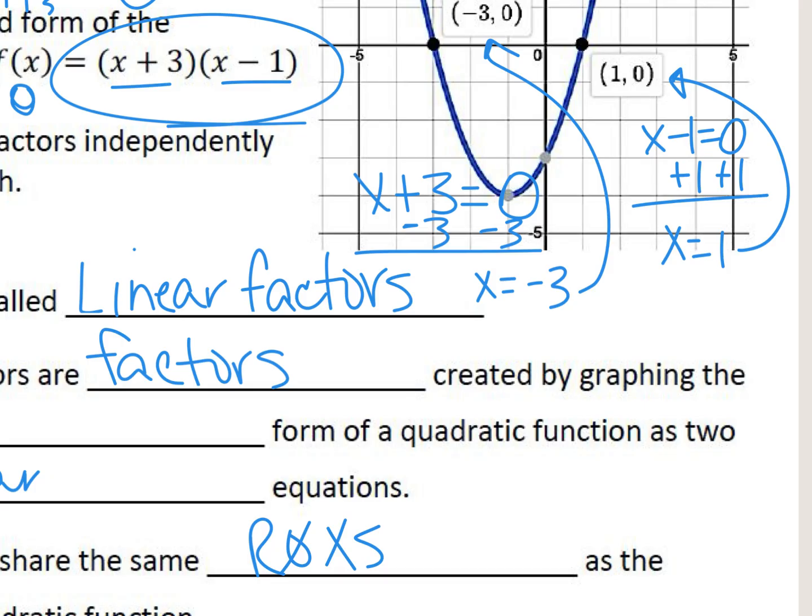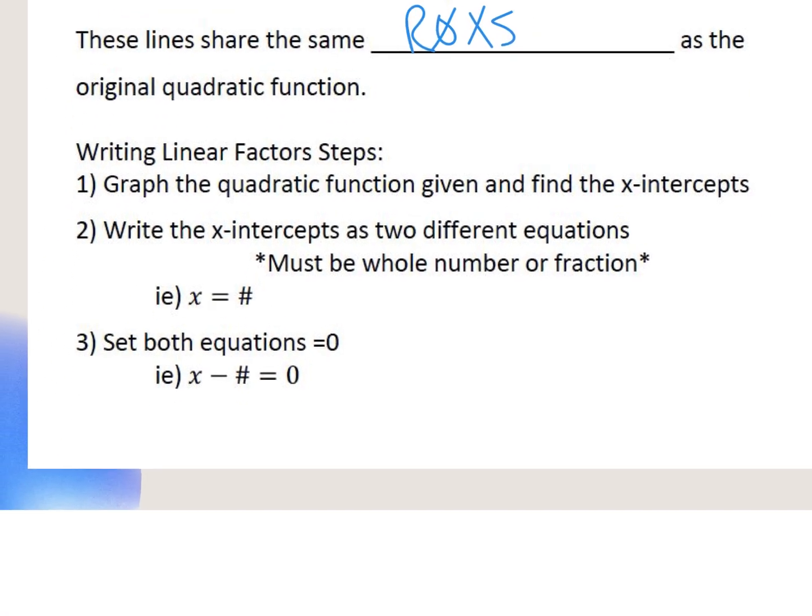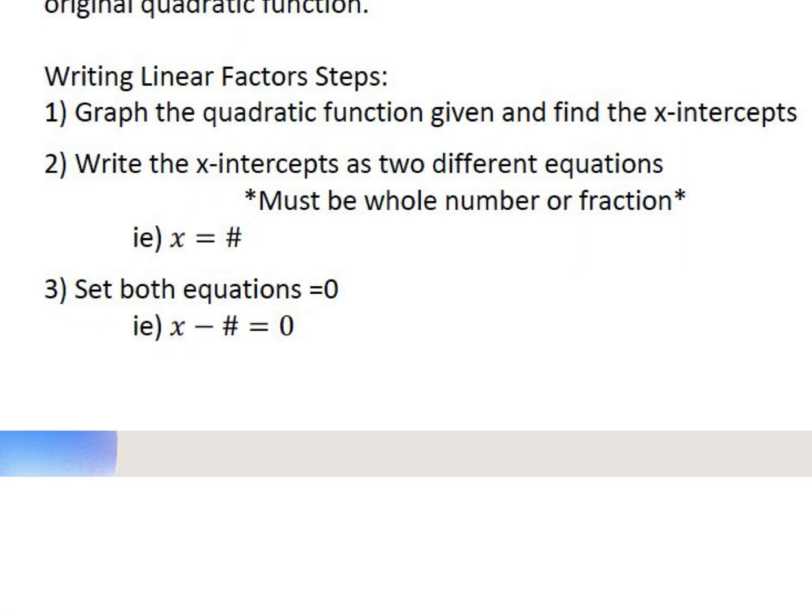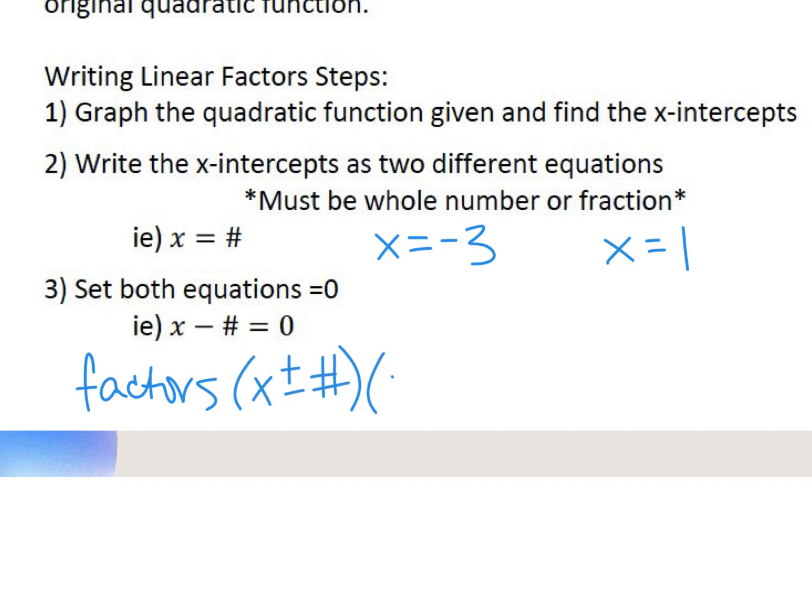Okay? Now, when we graph and we get our roots, we can work backwards to get our factors. So there's a couple ways you can do this. We can write our factors from our roots. So we had x equals negative 3, and we had x equals 1. And if we want to write it as a factor, remember, factors are going to be x plus or minus some number, x plus or minus some number, right? So I need to move my 3 back with the x.